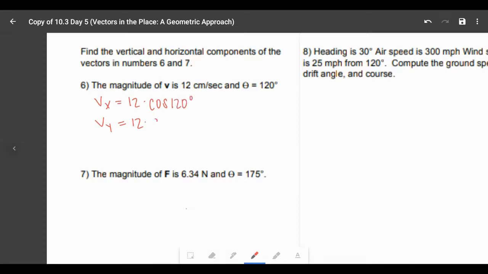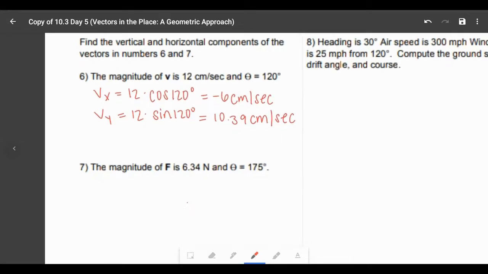And for Vy, we are going to multiply by sine of 120 degrees. When I plug those into my calculator, Vx should be negative 6 centimeters per second. And Vy should be about 10.39 centimeters per second.